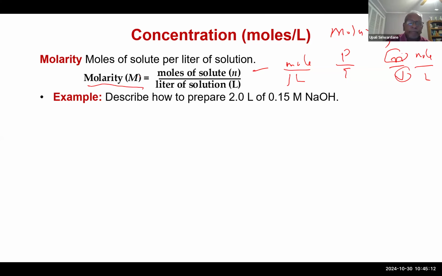How do you prepare 2 liters of a 1.5 molar solution? Let's look at how you prepare it. Now you don't know the number of moles. So how do you get moles?